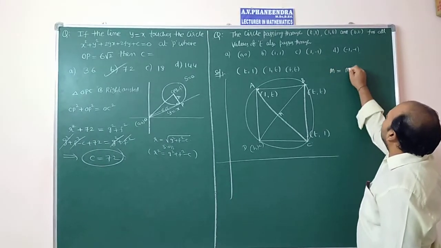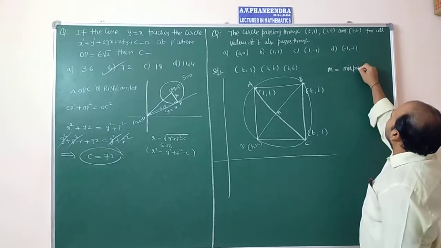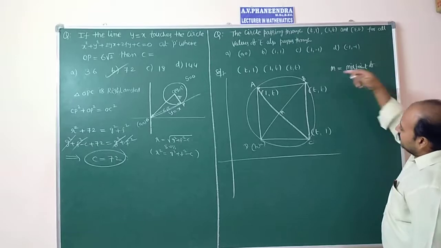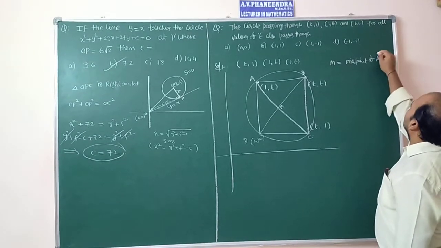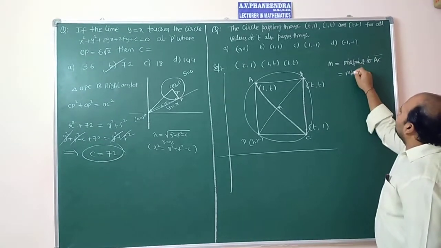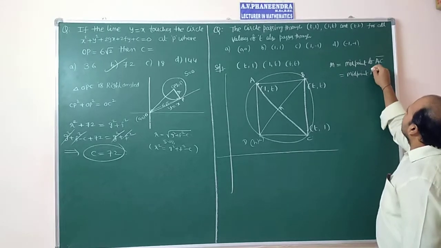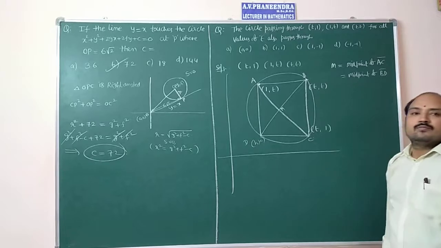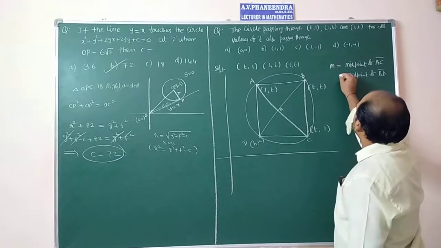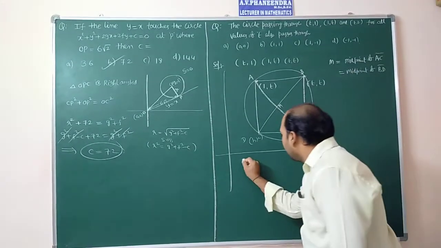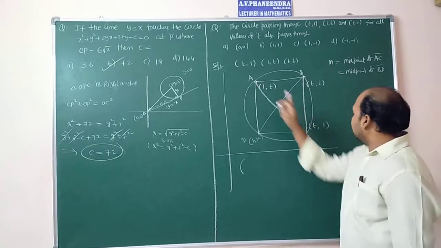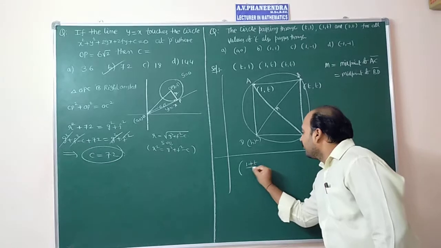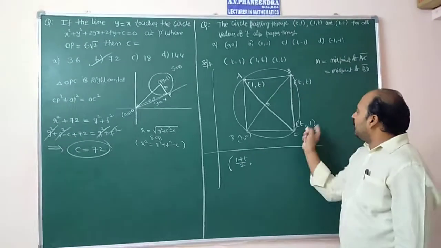M equal to the midpoint of AC, which is also equal to the midpoint of BD. Now I am writing here the midpoint of AC, 1 plus t by 2 comma t plus 1 by 2.